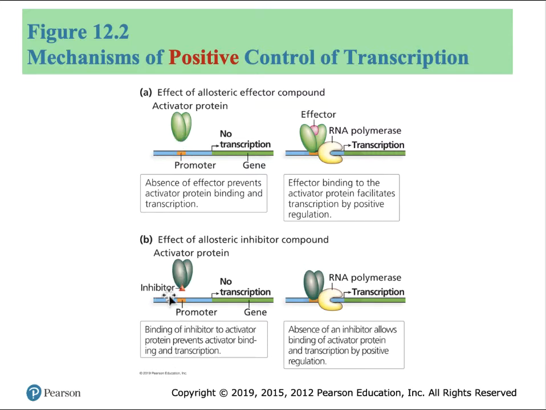So this actually sits upstream of the RNA polymerase, helps the RNA polymerase bind, and gives it a nice tug to get it moving down the DNA. In summary, in negative control, you have to remove the protein from the DNA. In positive control, the binding of the protein assists the RNA polymerase in transcription.